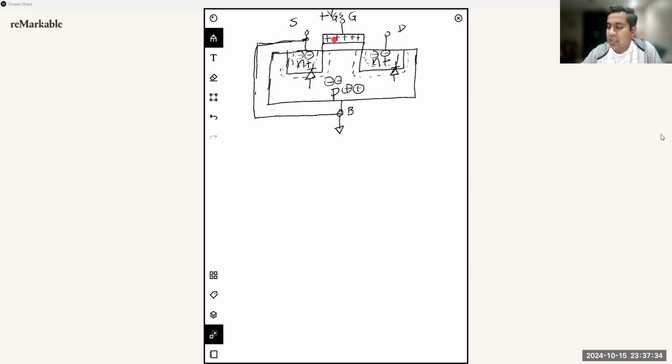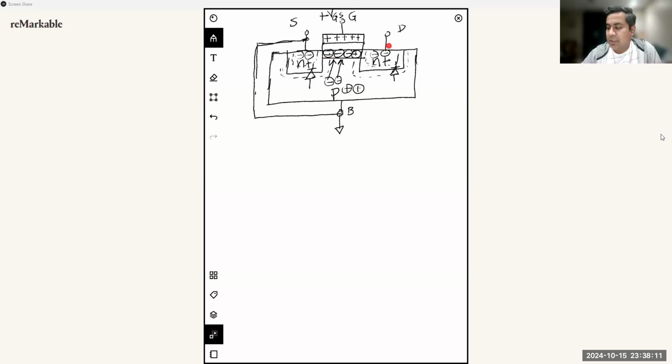But these accumulated positive charges are going to attract the minority electron carriers inside the p-type substrate, and those electron carriers are going to come up to the surface right below the silicon dioxide layer. Once you have enough minority carrier electrons accumulated here, you basically form a continuous channel of electrons that connects the drain region with the source region.